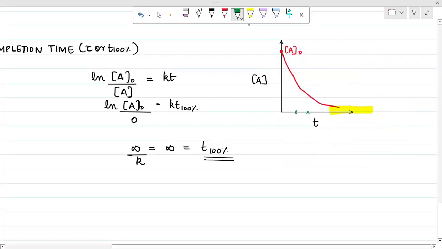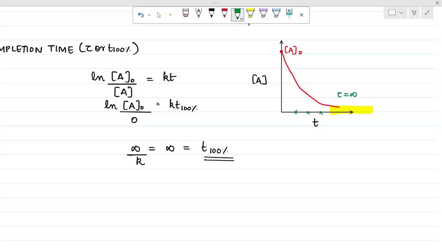Any point on the x-axis, we do know that the concentration of A is 0, and there is no time at which this becomes 0 when concentration of A becomes 0. That is the speciality of first order kinetics, and hence tau is equal to infinity. So this highlighted region, which states that the line never touches the x-axis, means that the time required for the completion is infinity.